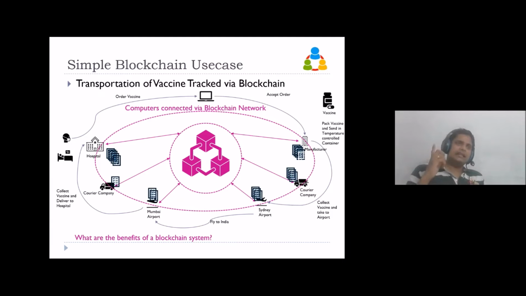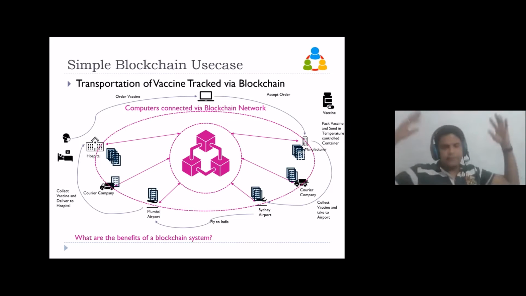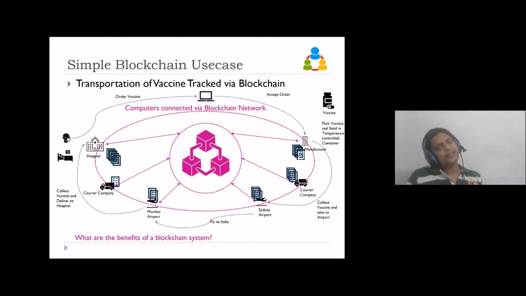The first thing your computer does is collect all the historic information. Currently a Bitcoin blockchain network has 40 GB, or I think it's 120 GB, of data. So it will first download all the historic data onto your computer. You will have all the transactions available in the network.